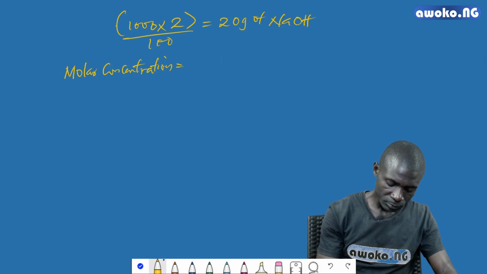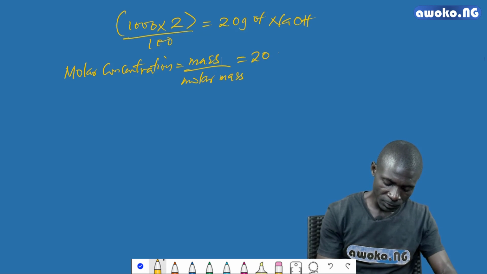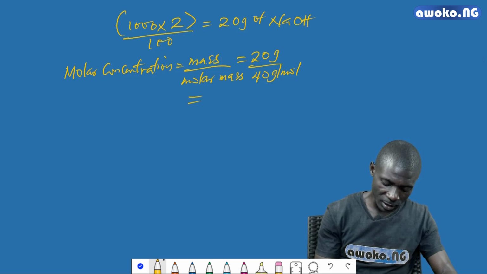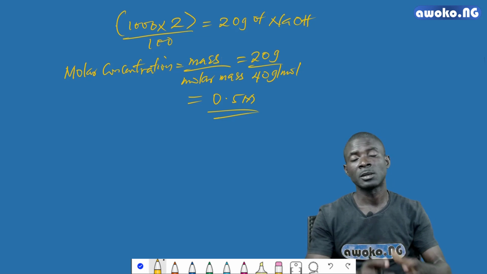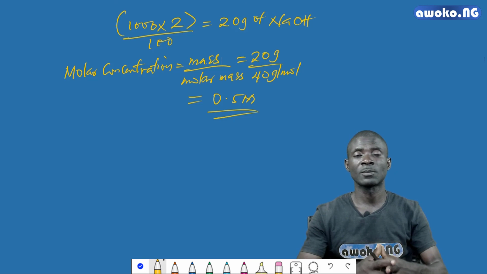So the mass here is 20 grams, while the molar mass is 40 grams per mole. So 20 grams divided by 40 grams will give us 0.5 molarity. That is the molar concentration of 2 grams of sodium hydroxide in 100 cm³ of solution.